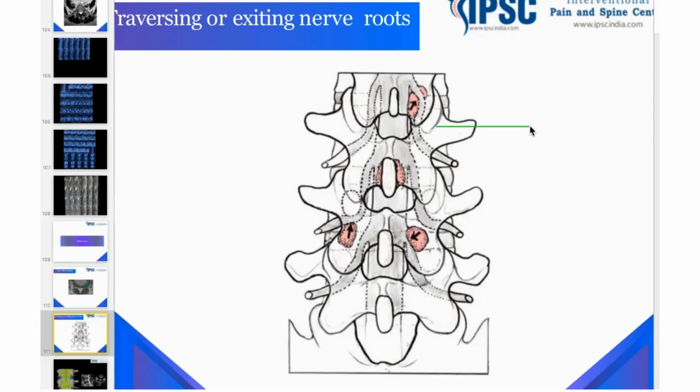let's say this is your L3, this is your L4. So which root is this? L3. Good. This is your L3 and this is your L4. Now suppose the herniation is here. What type of herniation is this?